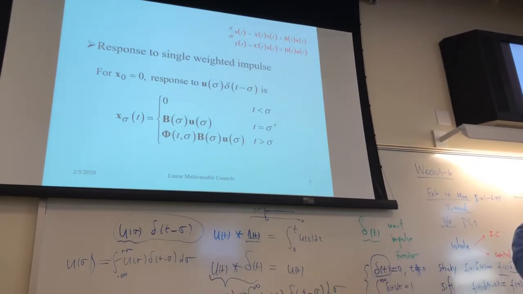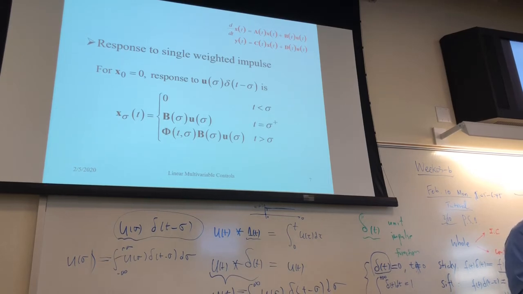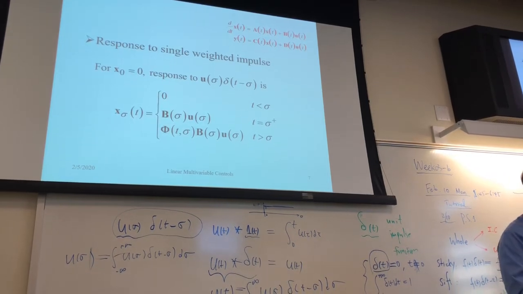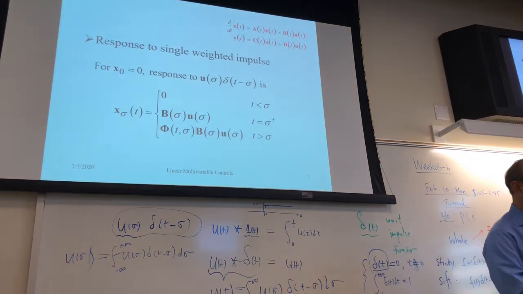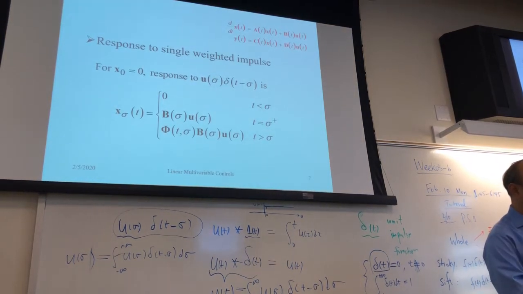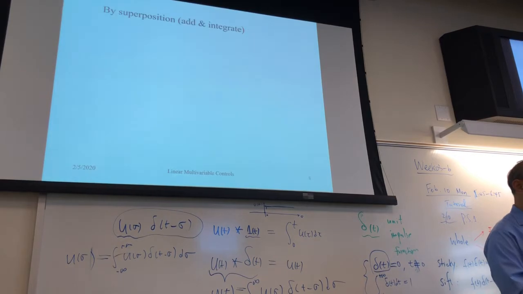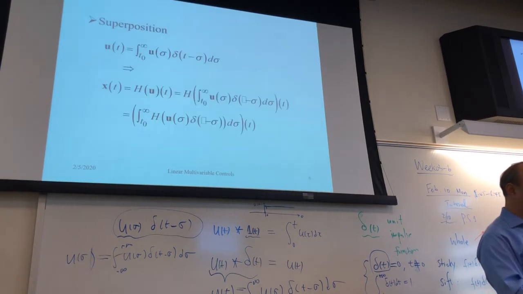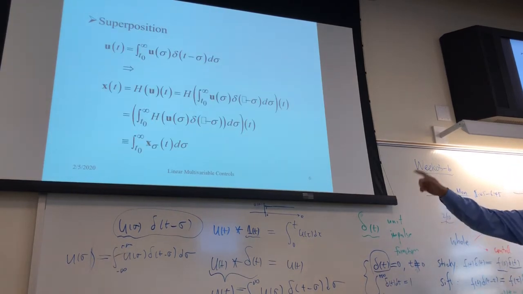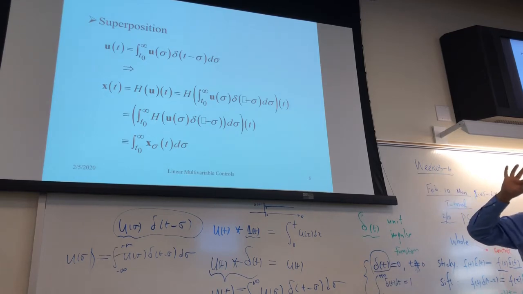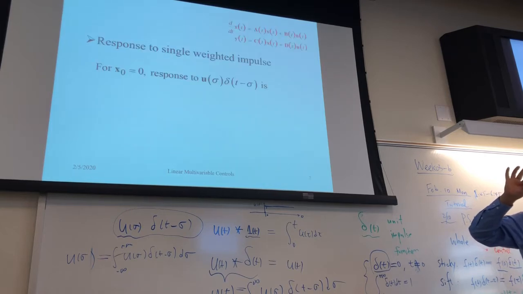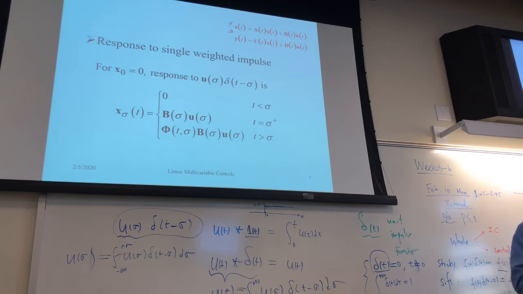When t is sigma, then you have B(sigma) u(sigma). When t is greater than sigma, you have the state transition from sigma to t, which will give you x(t). So I hope you can see from here that x sigma t has 3 possibilities: either 0, or B u at that sigma point, or the state transition after sigma.